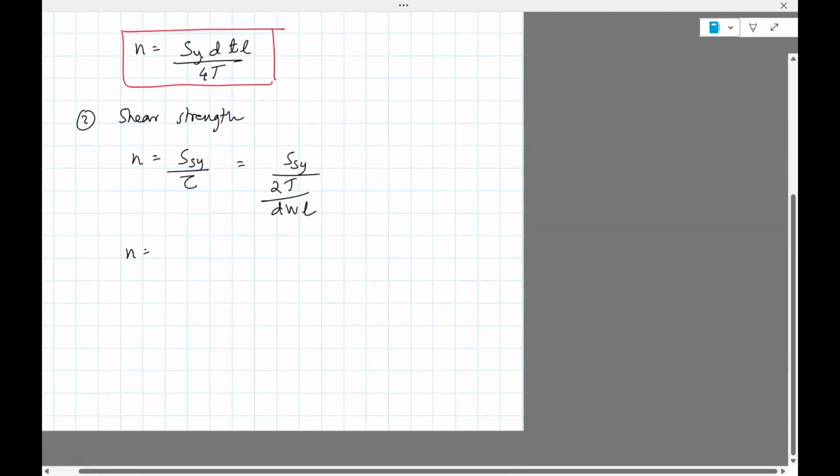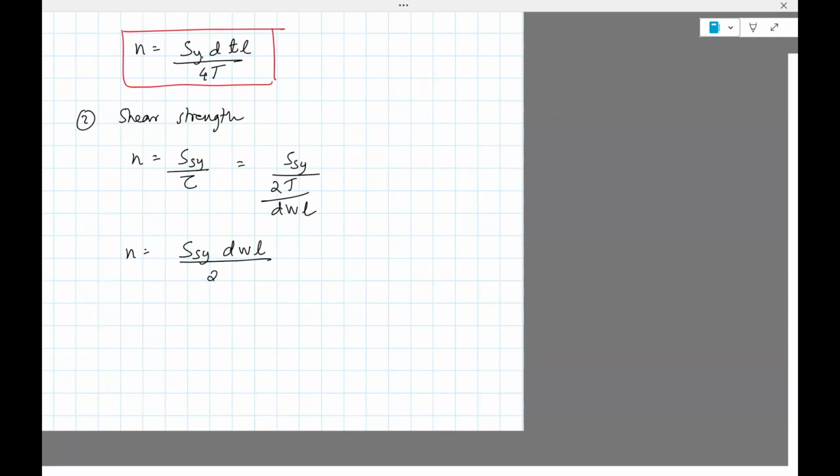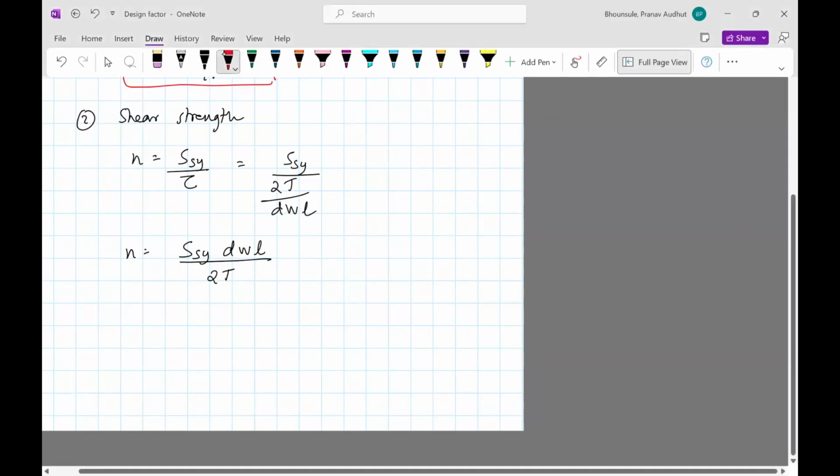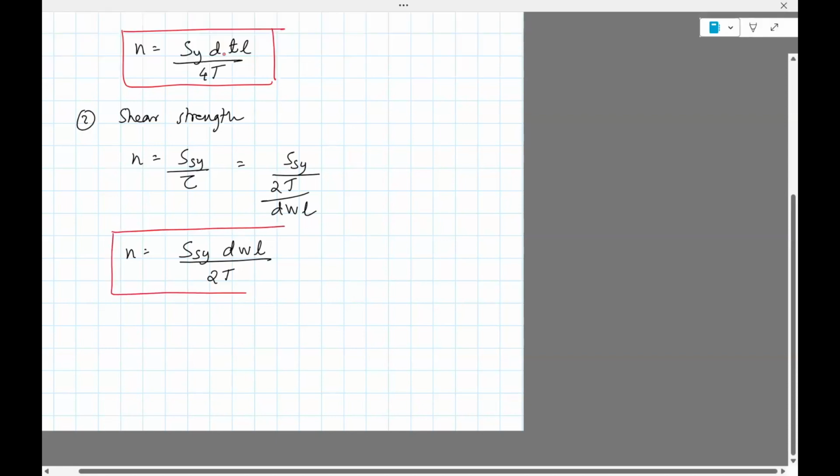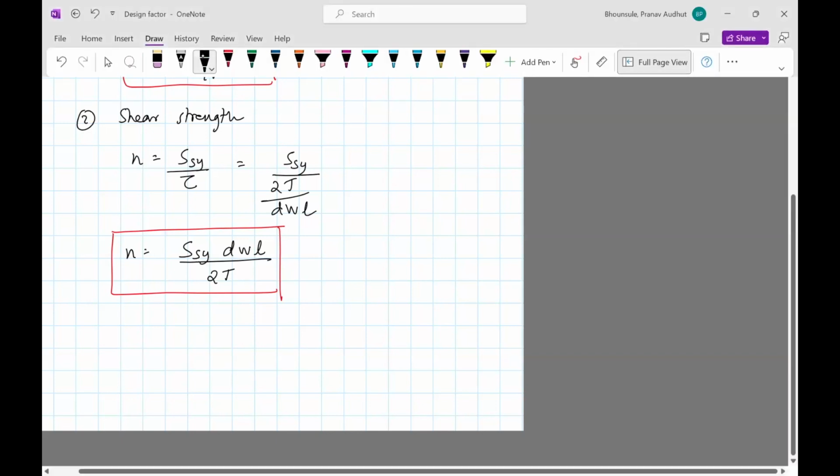So N is Ssy dWL divided by 2 times T. So we have factor of safety based on two criteria. Clearly, you need to use the factor of safety to make a determination on something like maybe the length or width or T, depending on what the problem is. And we'll come to that in just a bit.